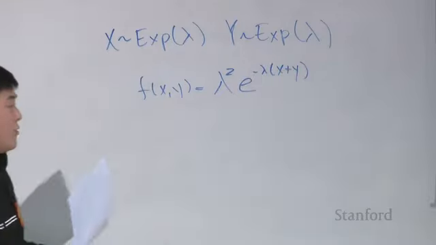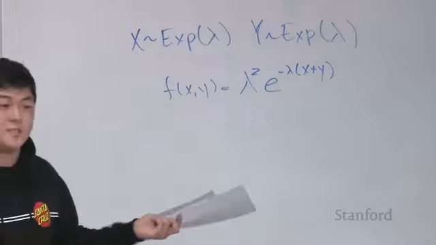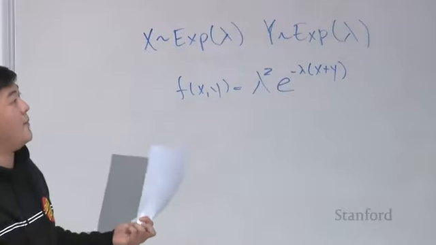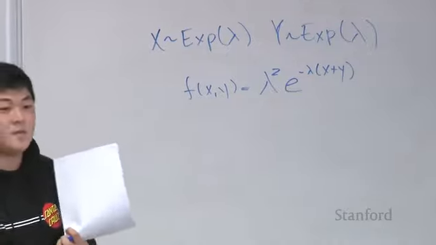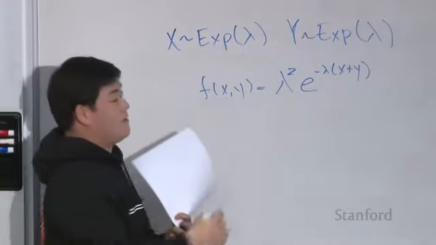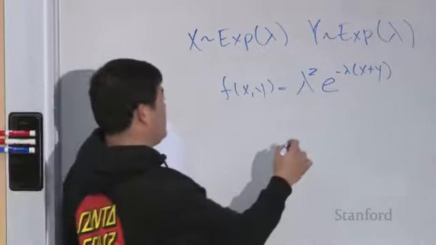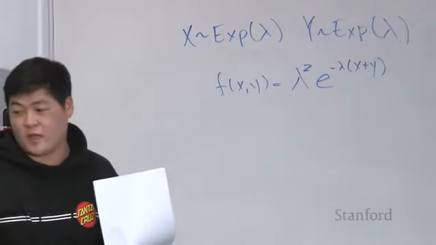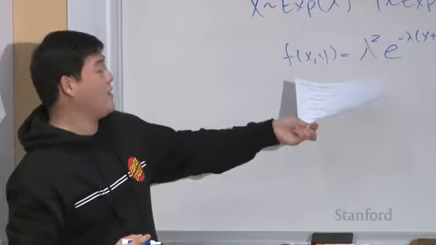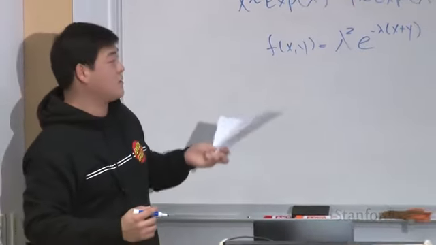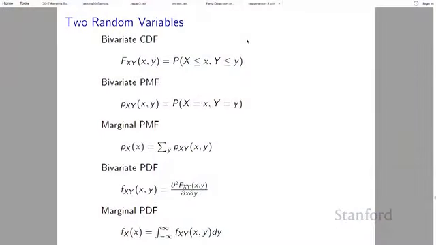We can see that we get both the x and y components in this joint density. You can take some time and derive some of the marginal PMFs, but you'll notice that if you take the integral of all of this, you'll be able to factor out the y component and see that the integral converts back to the normal exponential PDF.